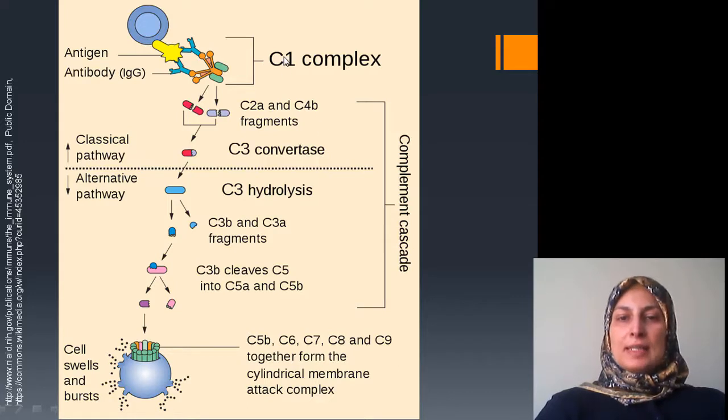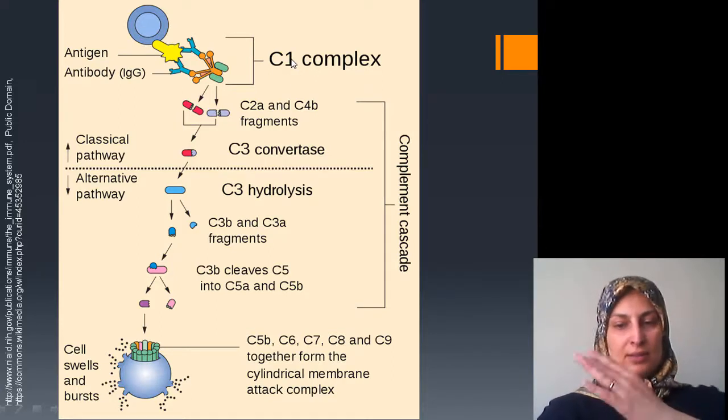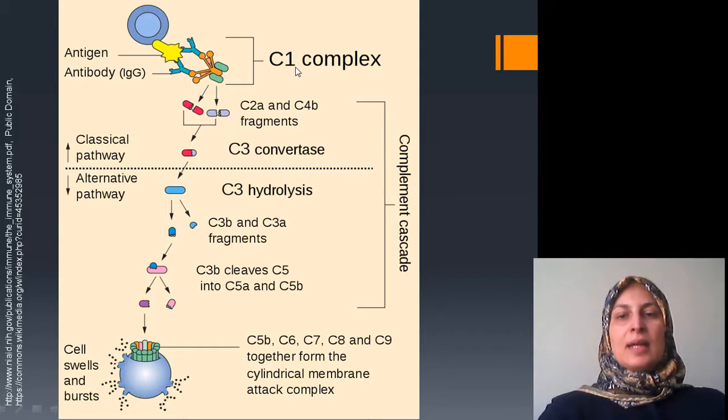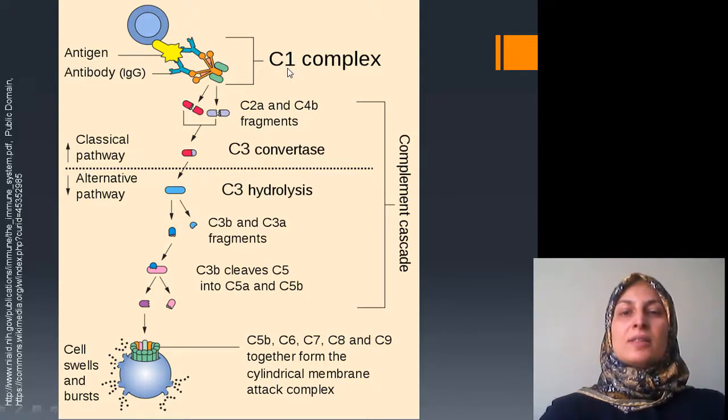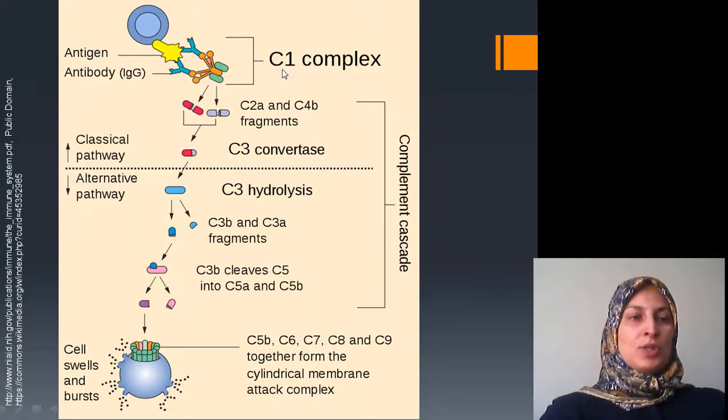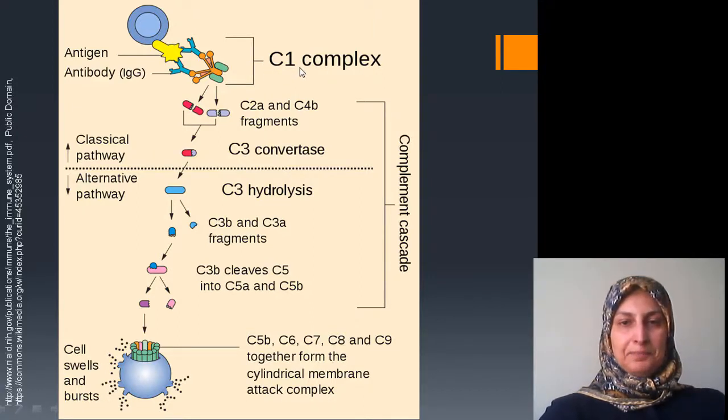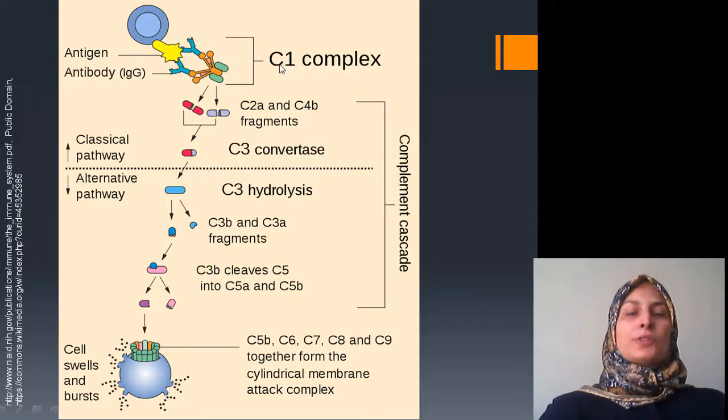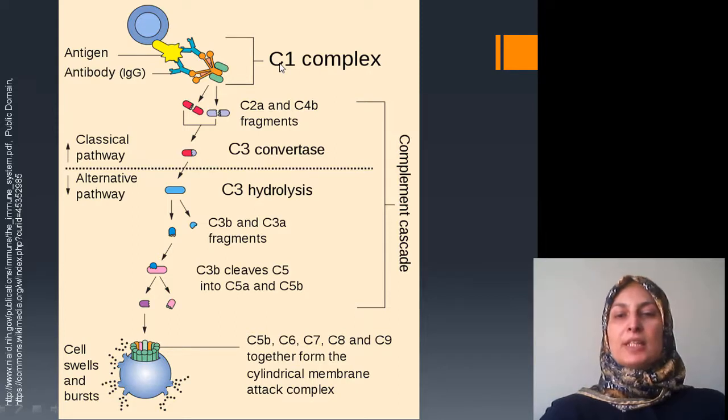So first, the C refers to the complement. So we have C1, C2, C3, up to C9, and the number here does not follow the order by which the molecules are used in the cascade. It follows the order by which these complement proteins were discovered.